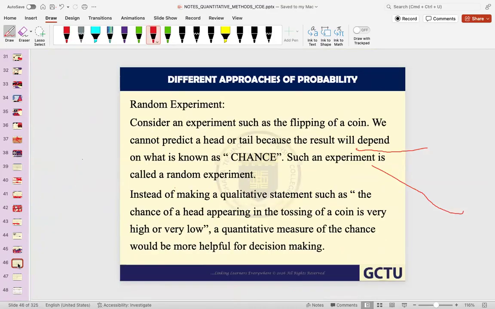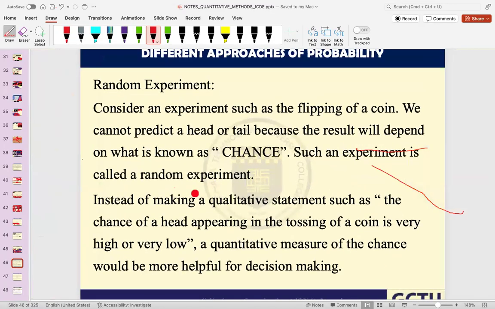Now, I showed you all these things because sometimes we do make some statements when we are trying to predict for the future. So, for instance, sometimes we make qualitative statements. What I mean by qualitative statement means that you don't attach numbers to the statement.